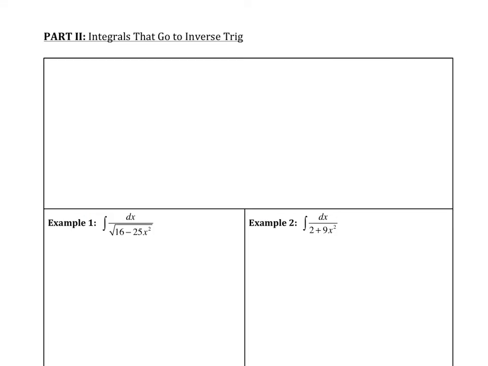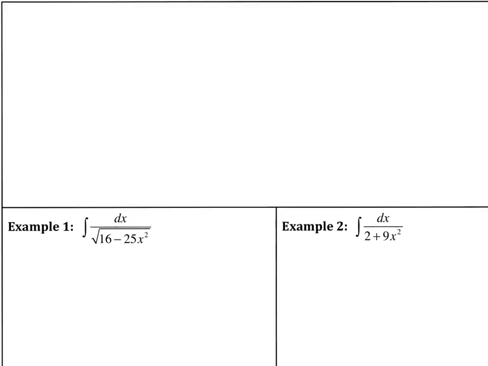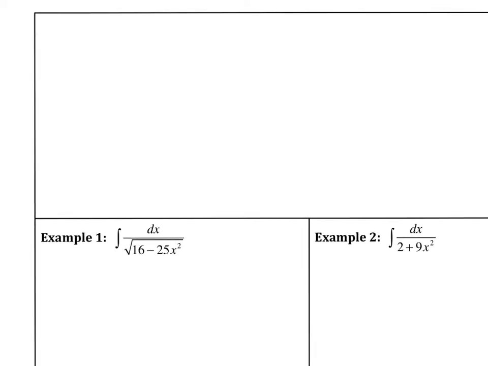In this box, I wanted us to put all of our antiderivatives, the 3 big ones. The antiderivative of something of this format, the square root of a squared minus u squared, will go to arcsine u over a plus c.